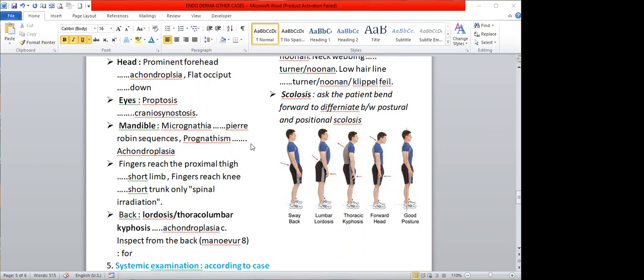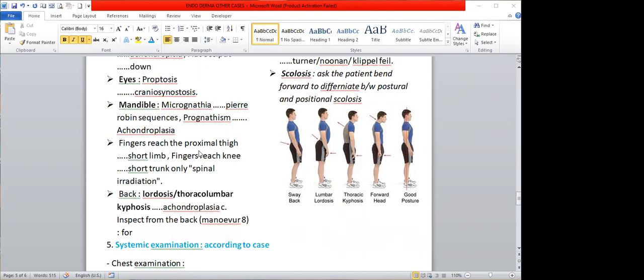Now the fingers, from the side view. If the fingers of the hands are reaching the proximal thighs, that is short limb. If the fingers reach near the knee, that is due to a short trunk, that is spinal shortening.